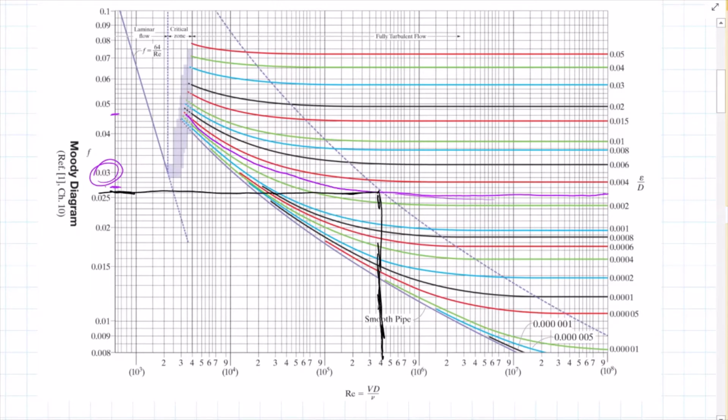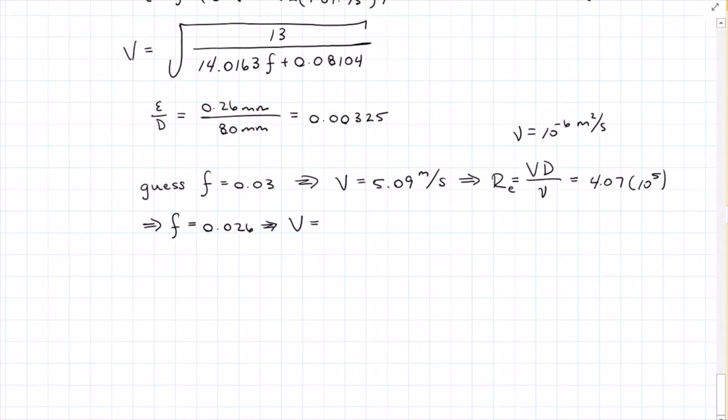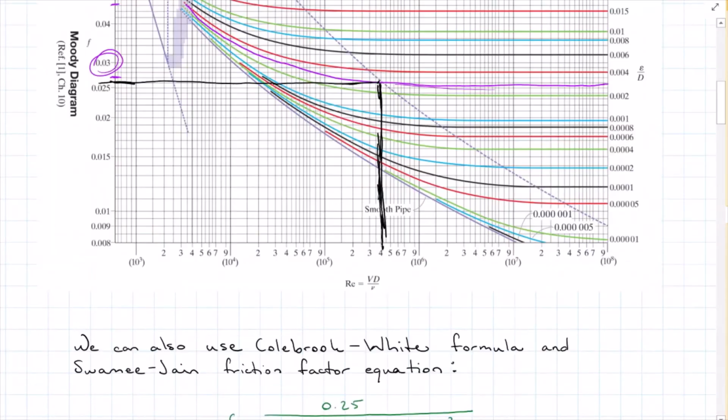So about 0.026, which in turn leads to a velocity of 5.4 meters per second, which in turn leads us to a Reynolds number of 4.32 times 10 to the 5th. And on the Moody diagram, okay, even with my terrible drawing, that's still really close to where we were. So I'm going to call that convergence.